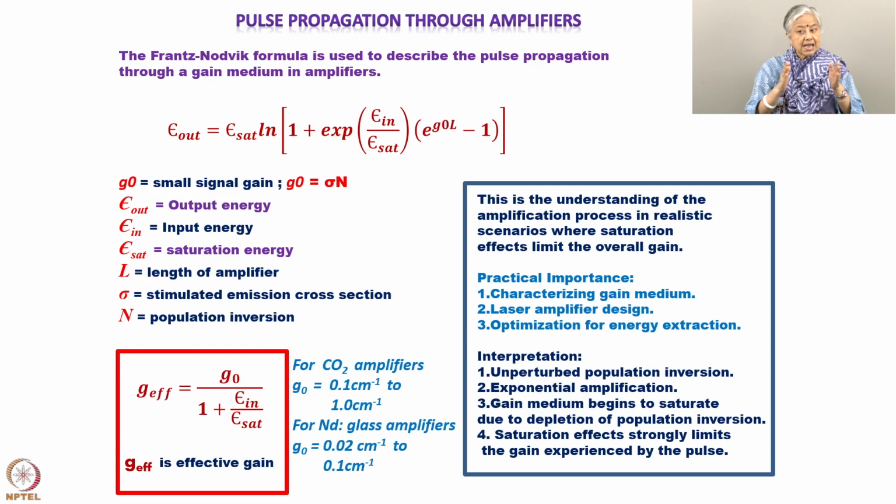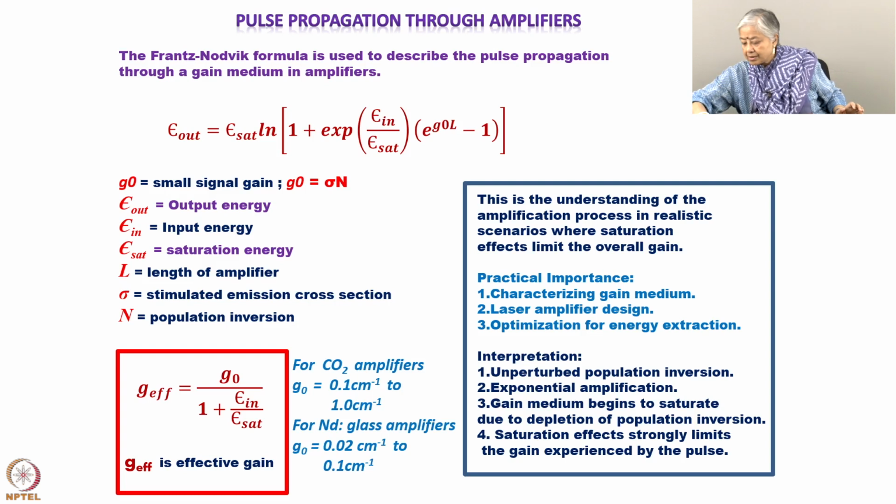And this happens as the lasing pulse, I am talking about pulsed lasers only, because that is what is used in fusion. So, this pulse, as it is travelling through the medium, it is extracting energy, but wherever it is depleting that energy, as it has passed through. So the front part of the pulse may see a larger gain.